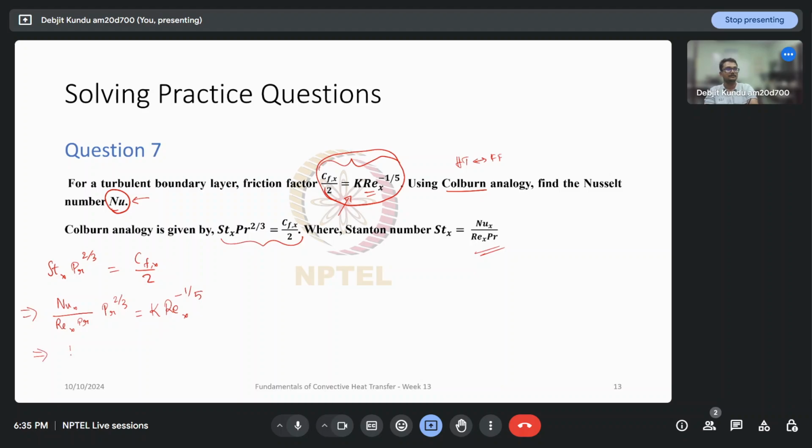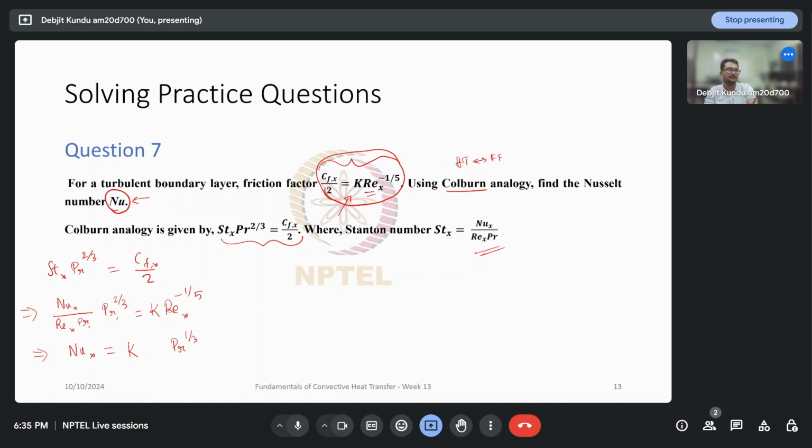Now taking everything other than the Nusselt number to the other side, we have K here, and these two Prandtl numbers. If we take care of the indices, it becomes power minus 1/3 on the left hand side, and once we shift it there, it becomes power 1/3. The Reynolds number is power minus 1 here.